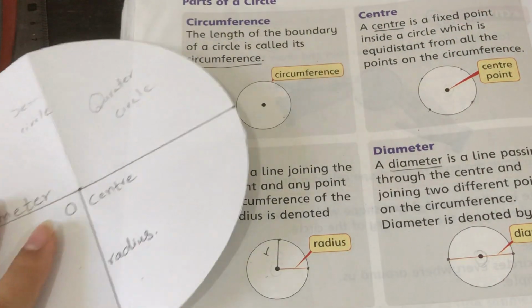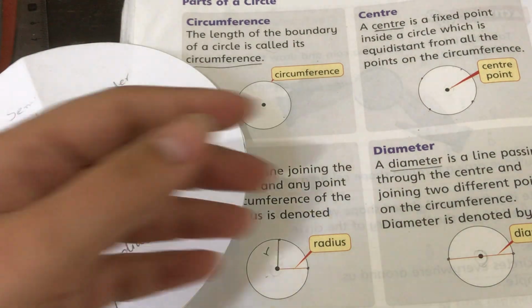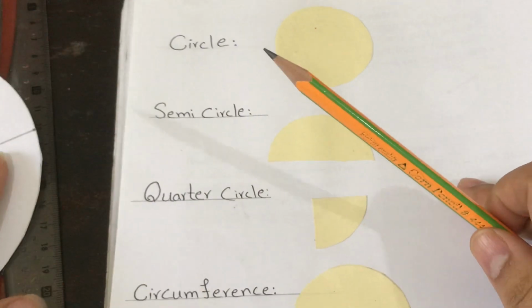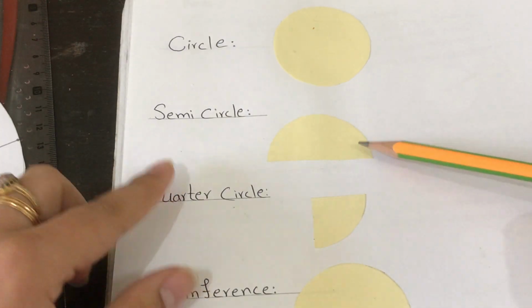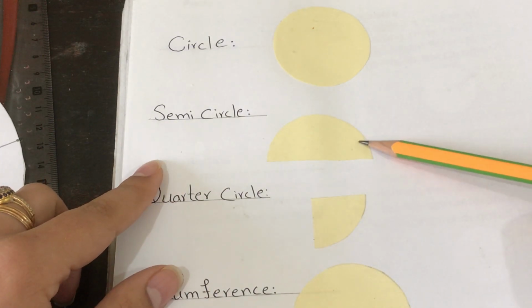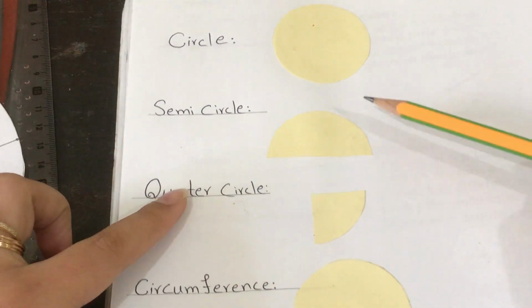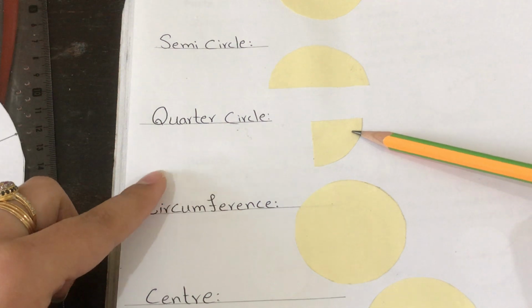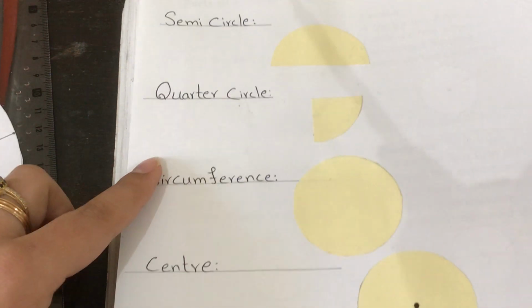The round shape is called a circle, right? When you divide a circle into two equal parts, the shape you get is called a semicircle. When you divide a circle into four equal parts, the shape you get is called a quarter circle.